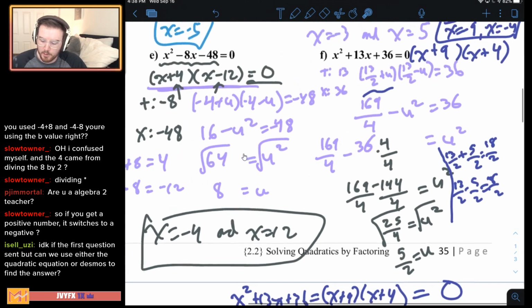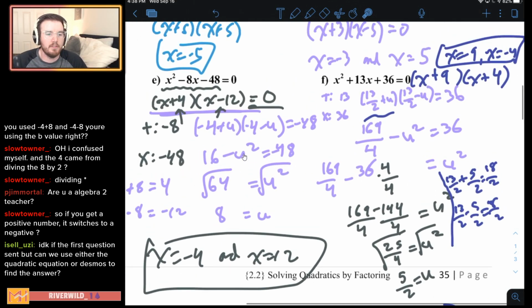This one right here, you might have gotten intimidated by the fractions and you were like, oh great, I'm just gonna watch him do it, right? Again, you plug in the left side of the equation, you plug in the right side, and you look to see where they intersect one another.